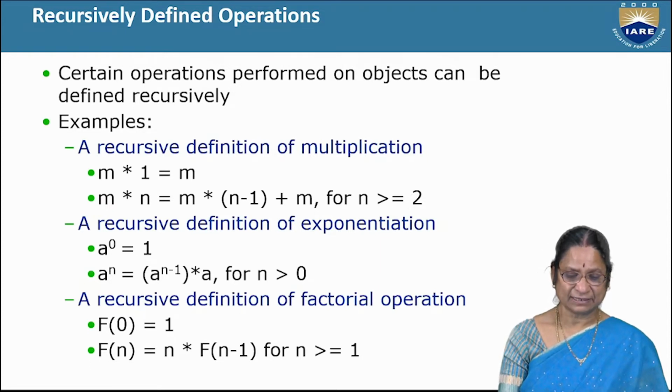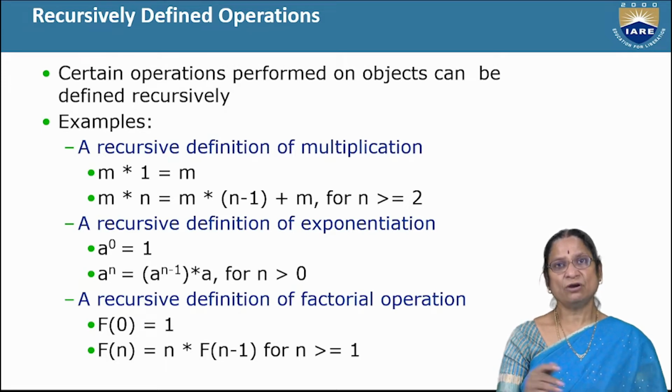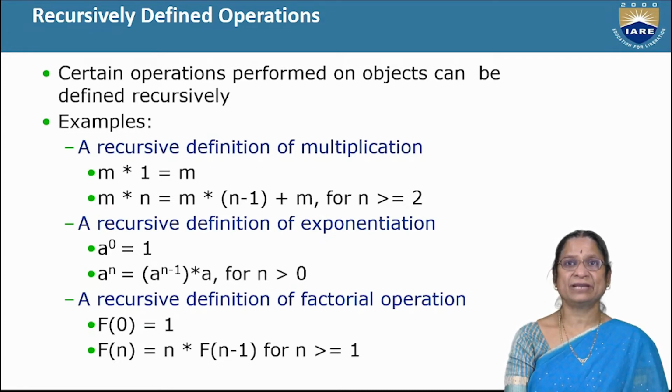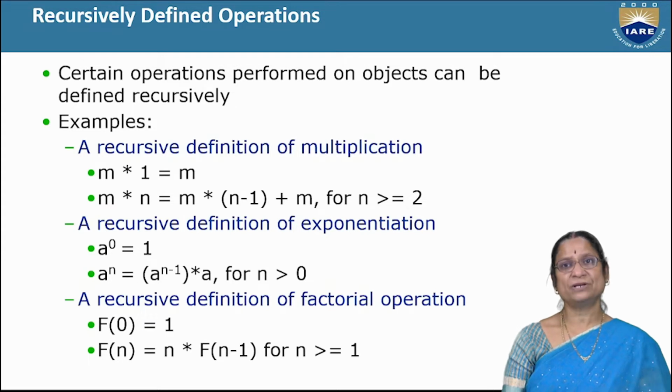One more example: recursive definition of exponentiation. All of us know that a power 0 is equal to 1. Based upon that, I can calculate a power n. What is a power n? a power n is nothing but a power n minus 1 star a. Recursive definition. The factorial operation is also the same.